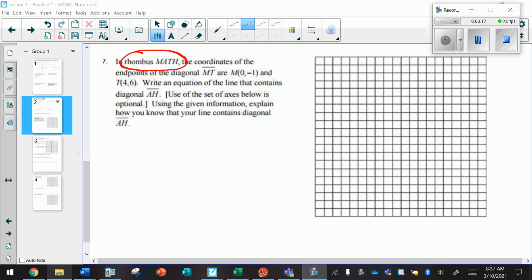Since those are the vertices of the diagonals, opposite corners, then you should know, based on your knowledge of what is happening with a rhombus, what to do with the question. And you're just going to go through each question, do the best you can, check the answer key, or get in touch with me, and then we'll talk when we see each other.